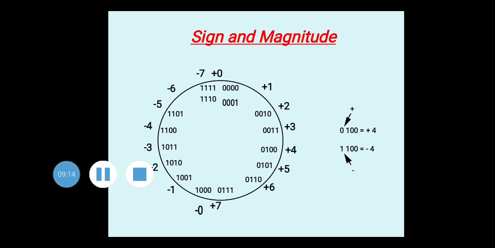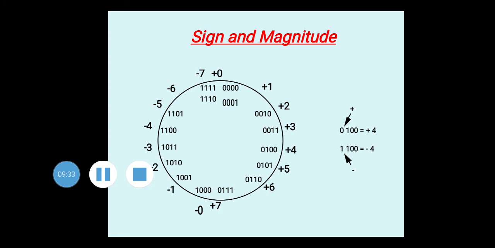It is already shown here. Check here. The +4 value can be written in 4-bit binary as 0100. So the actual value of +4 is 0100.